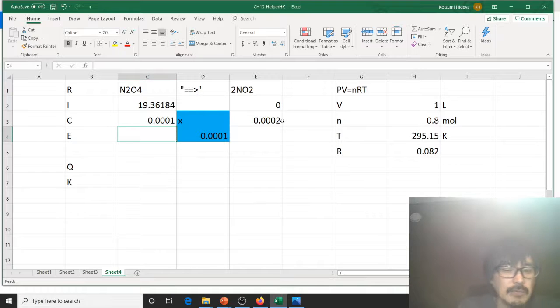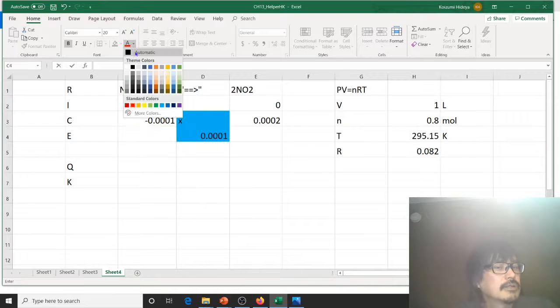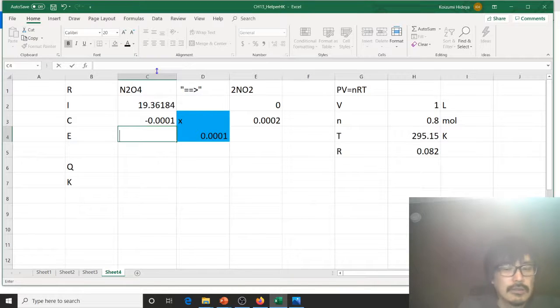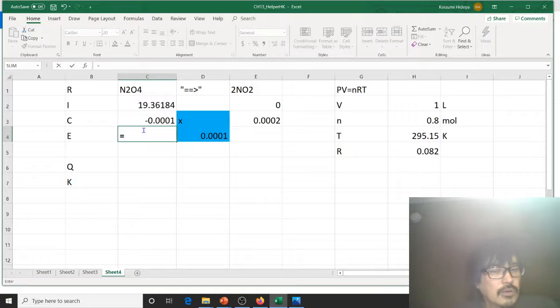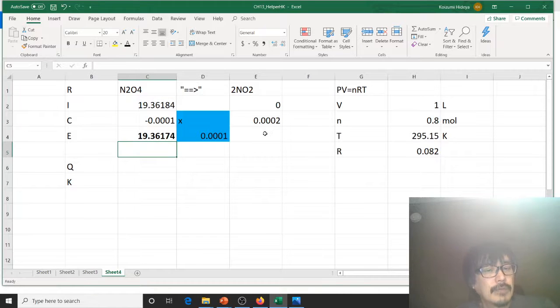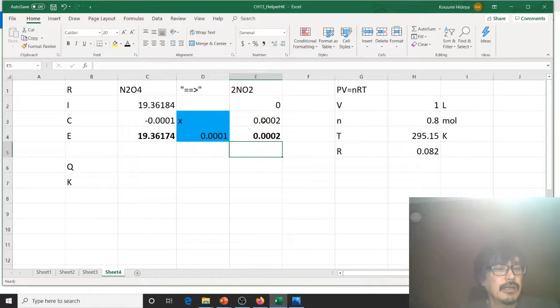Then the equilibrium pressure, this is pressure, right? Let me just do the same marker with the same colors. Okay, good. So it's equal to this plus that, right? And then that one is also initial plus change, right? So it's that, right?